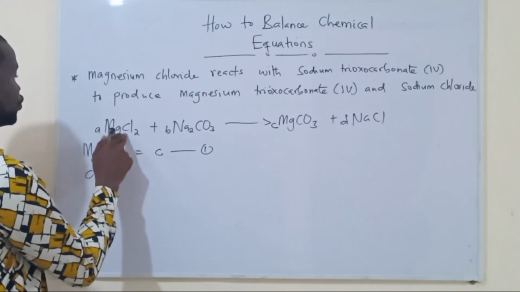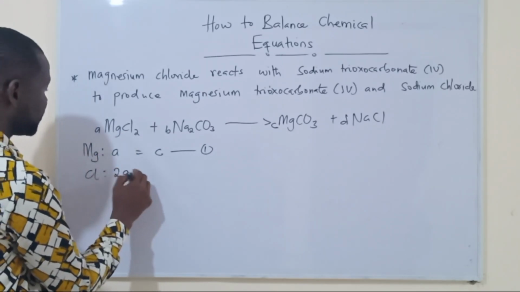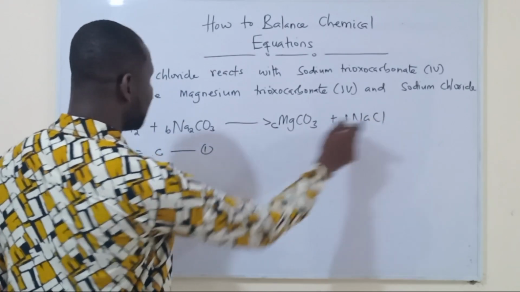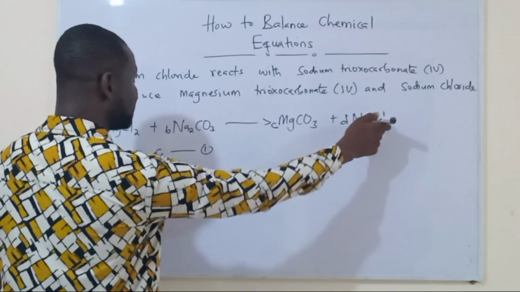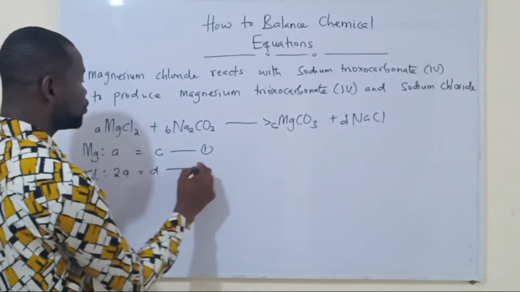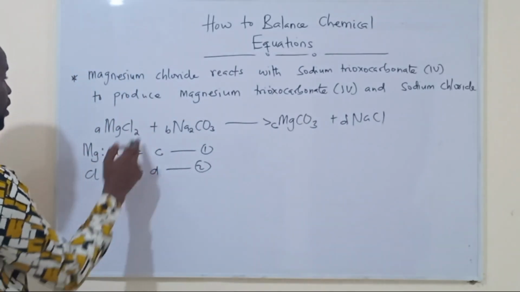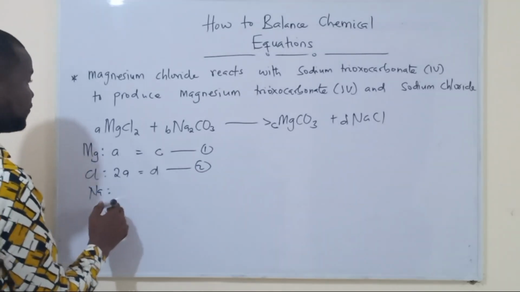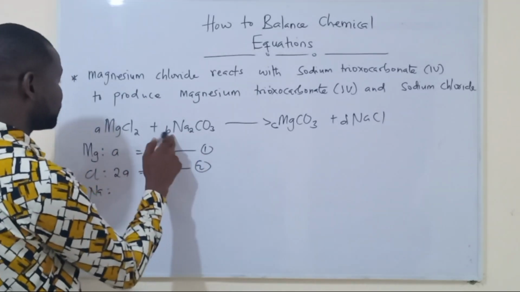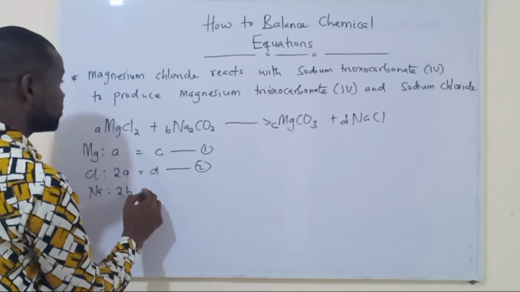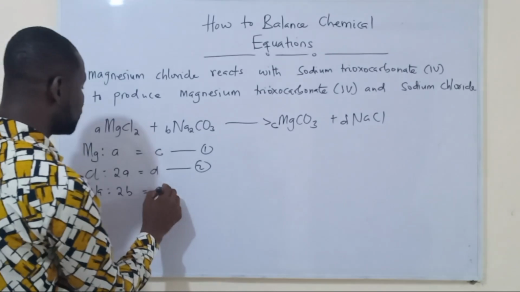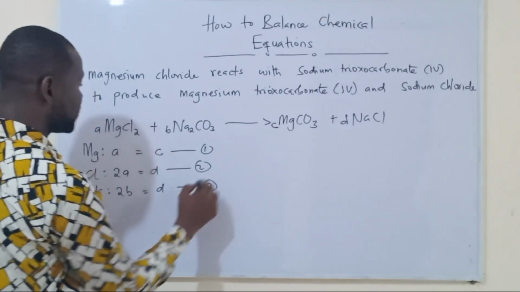So I have 2 atoms of chlorine, so we are going to get 2A. There's no chlorine here, so equal to. The chlorine here is D, so D times 1 is D. So equation 2. The next is sodium. I have 2 atoms of sodium, so that would be 2B. There's no sodium, so equal to, the next is here. So I have D, equation 3.